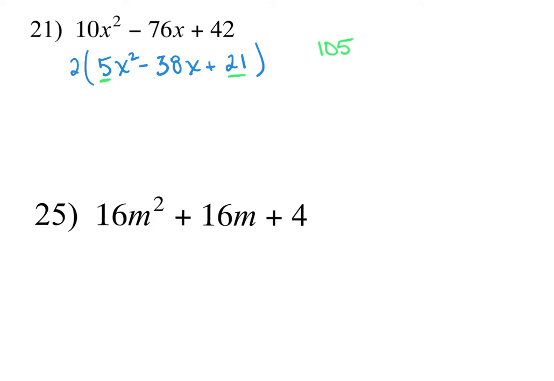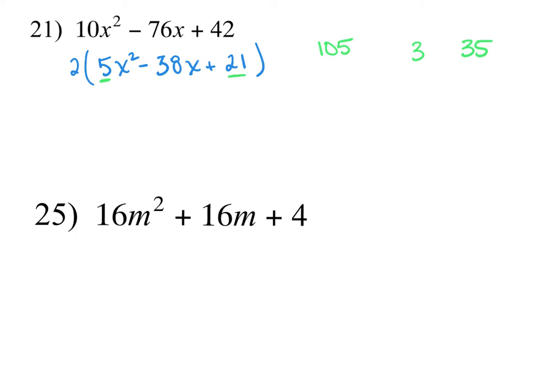What is it? 35 and 3. So 3 and 35. Again, go through your list. Does 1 and 105. 2 doesn't go into it. You can jump past it. 3 goes into it. How do I know 3 goes into it? 5 plus 0 plus 1 is 6, right? As soon as you get to 3, you would have seen that this works. All right? Just 105 divided by 3, you get 35.